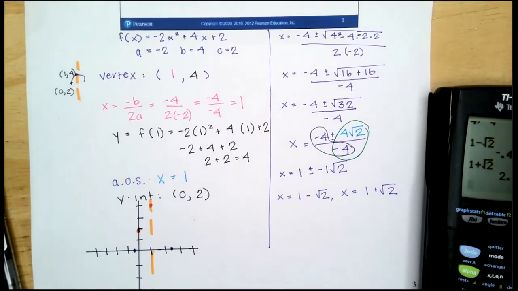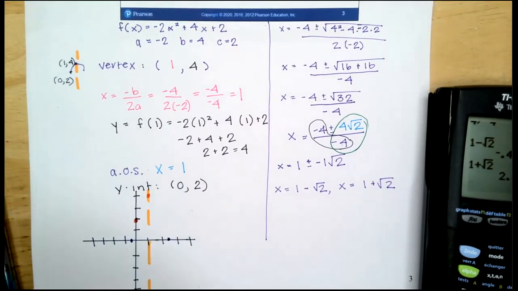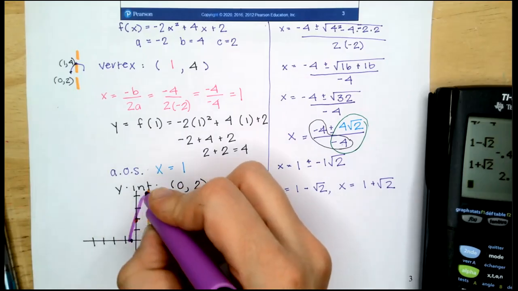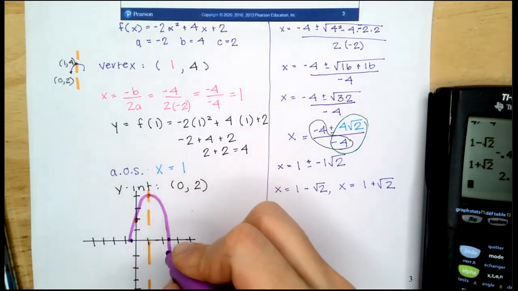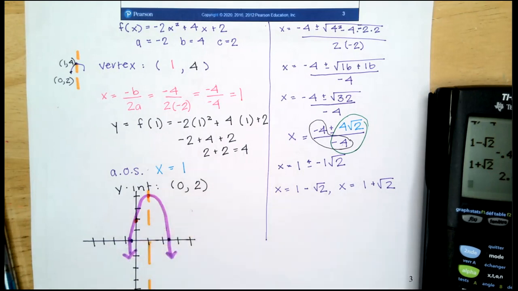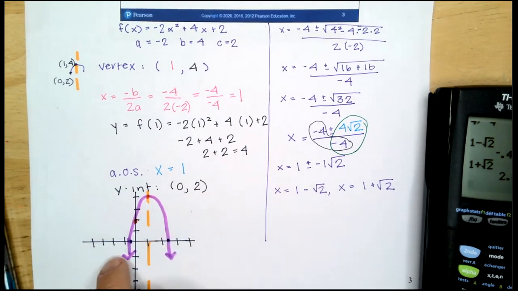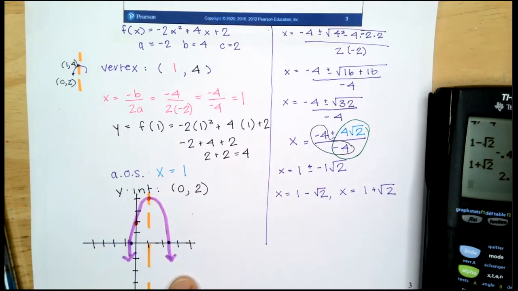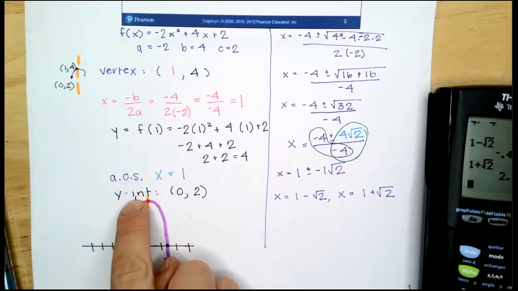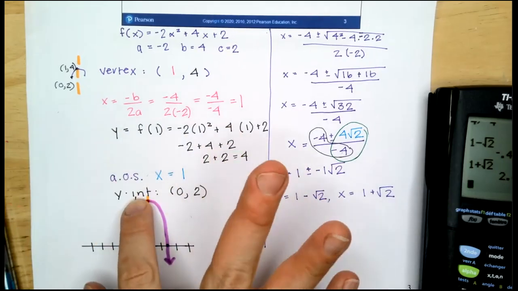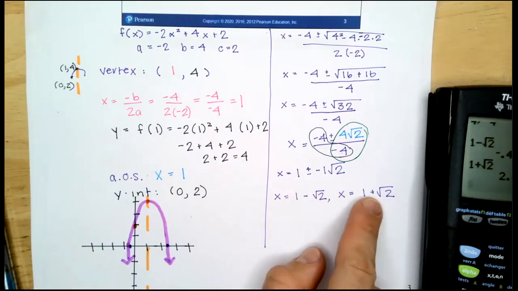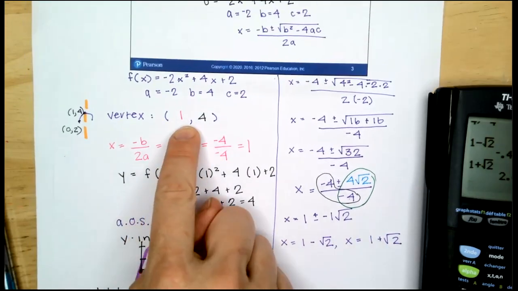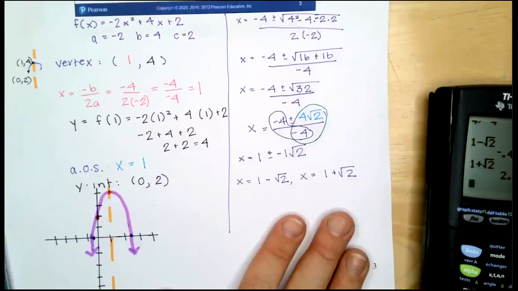Now we are ready to draw our parabola. So that's what, when they ask to graph it, that's what they mean, okay? We found the axis of symmetry, we found the y-intercept, or we didn't need the axis of symmetry. We found the y-intercept, we found the x-intercepts, we found the vertex, okay?